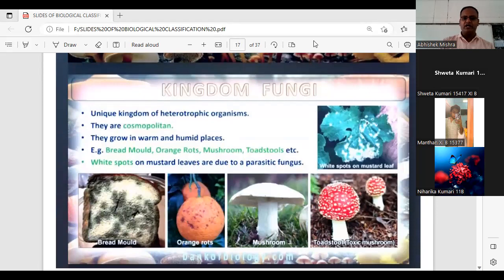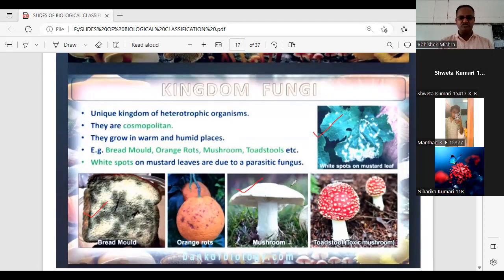You can see, students, a number of images which will give you a clear picture of what fungi are. A white spot on the mustard leaf. Then the best one, mushroom. Then bread mold.